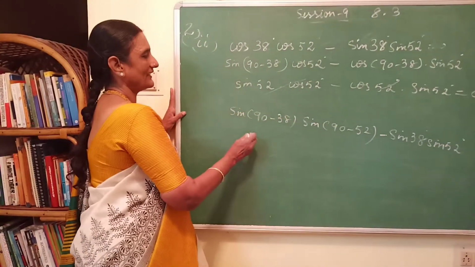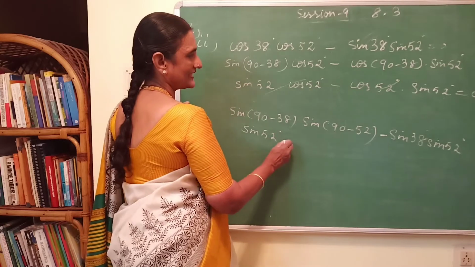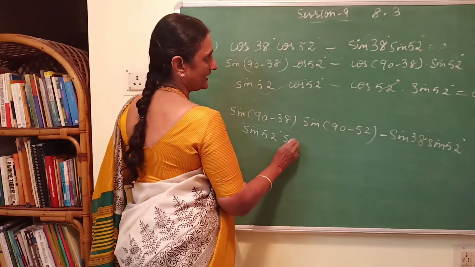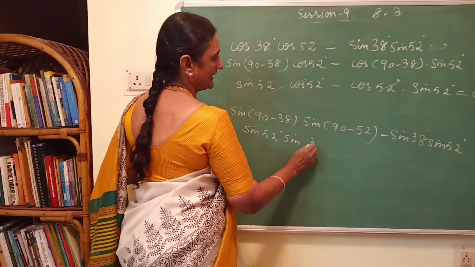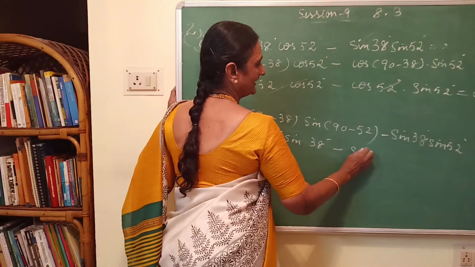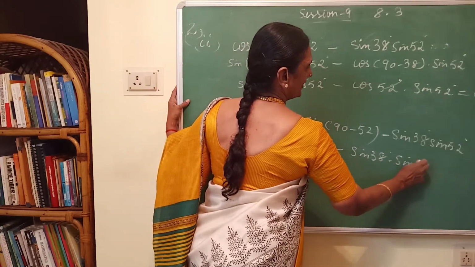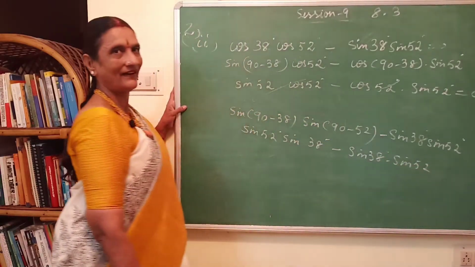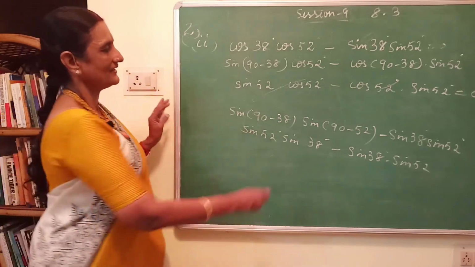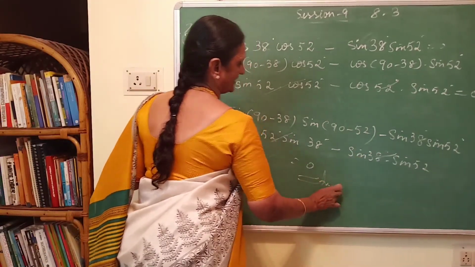So this is sine of 52 degrees. This is sine of 38 degrees minus sine of 38 into sine of 52. All the angles have been reduced in terms of sine, so they get easily cancelled and give you the answer 0.